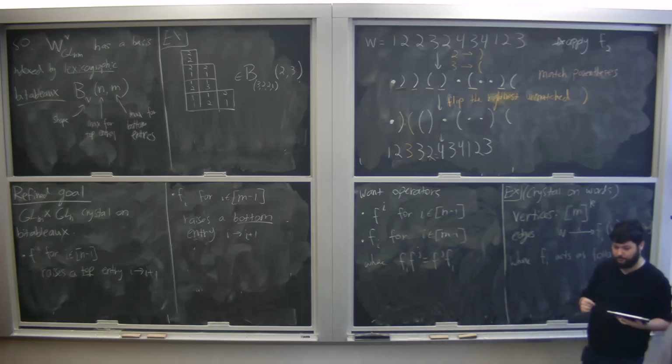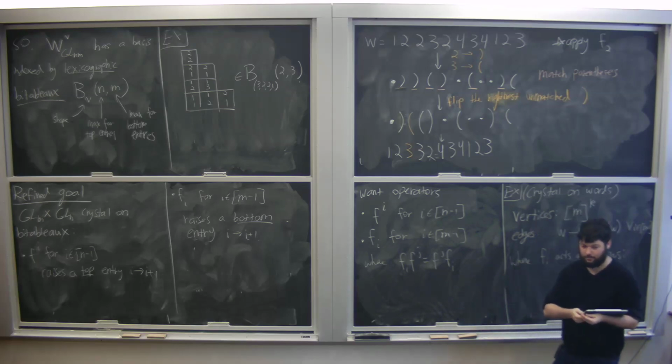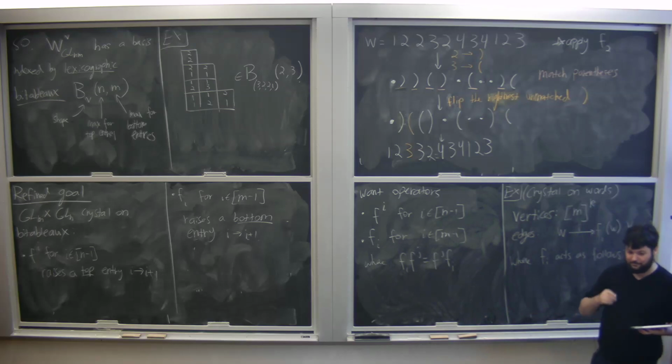Can I ask a question? Yes. Sorry, one way also to do that, I'm not sure, but you're looking at GL_n times GL_m. Because somehow the F_n that you excluded there is what makes everything commute.